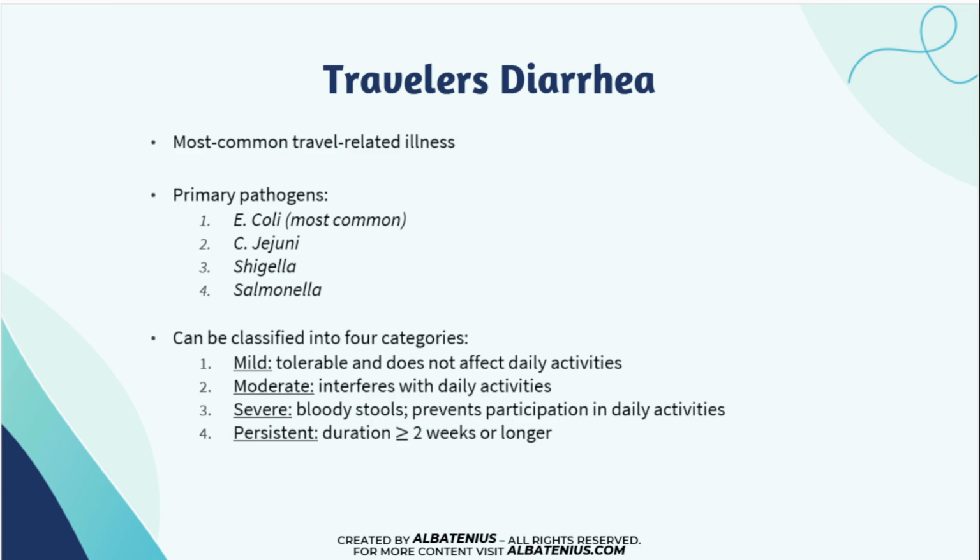Traveler's diarrhea can be acutely classified into 4 categories: mild, moderate, severe, and persistent. Places of highest risk, and this goes with all food and waterborne illnesses, will include Mexico, Central and South America, most parts of Asia, and Africa.